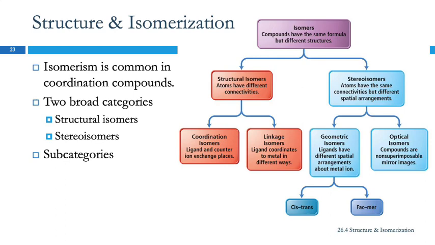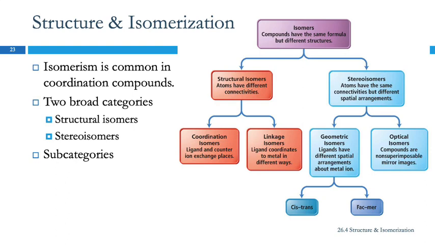So, you might have the carbon attached, but the oxygen attached to the metal ion, or the nitrogen attached to the metal ion. It's different in that way. Or you can have stereoisomers, where the connectivities are the same, but the spatial arrangements are different.